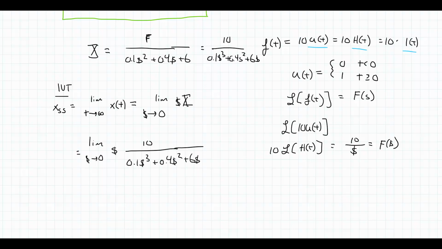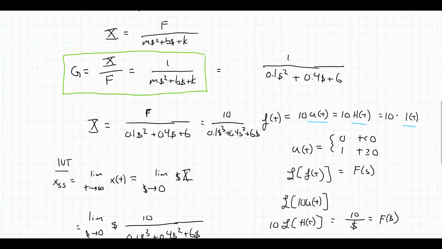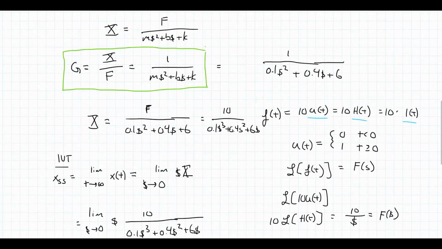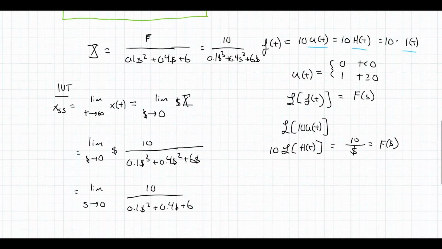Now it does turn out in this case that I actually get right back to where I started in a sense, because that s on top now cancels one of the s's on the bottom. So it looks exactly like, except for the 10, the denominator looks just like what we had for g. But I am not taking the limit of g.